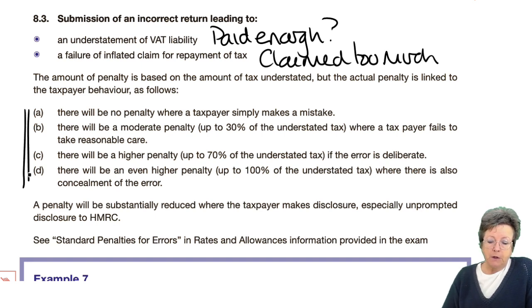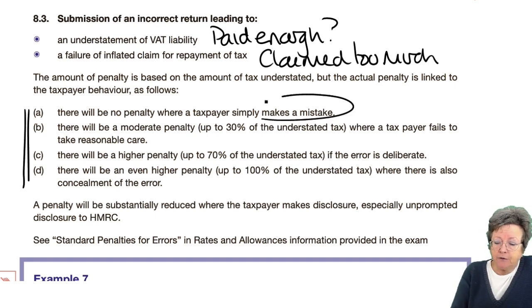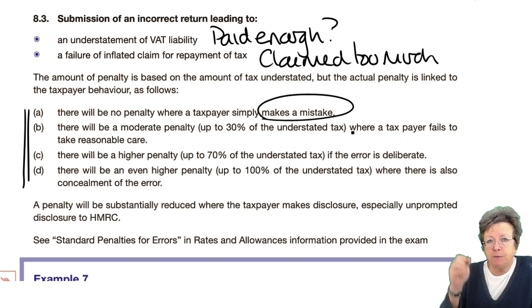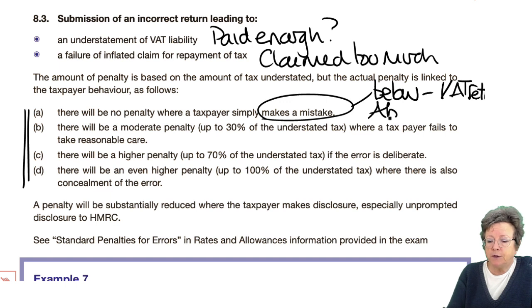Okay. So no penalty if you make a simple mistake, and don't forget, if it's below the de minimis level, then you put it on the VAT return. Above the de minimis, then you have to notify them.